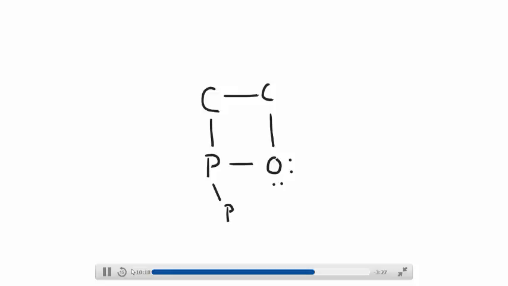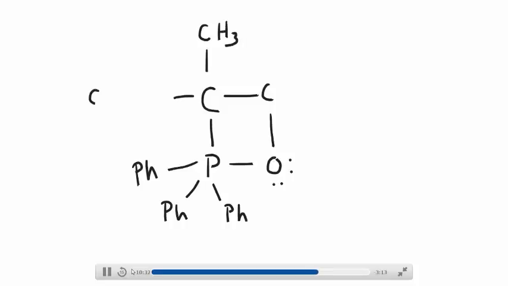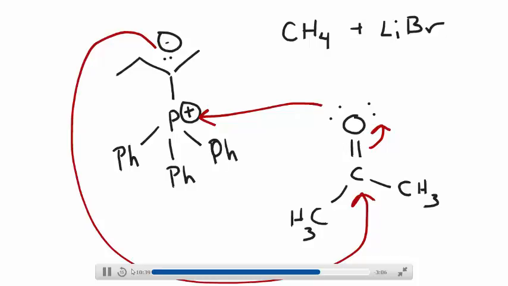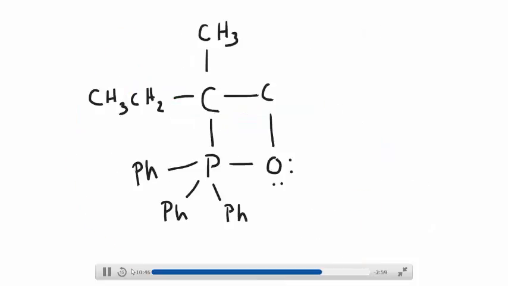The phosphorus also has those three phenyl rings attached to it. And what was the anionic carbon had a methyl group and an ethyl group attached to it. If you can't remember that this is so, go back a minute and note that it does have the ethyl group and the methyl group here. The carbonyl carbon, in our particular case, had the two methyl groups attached to it.